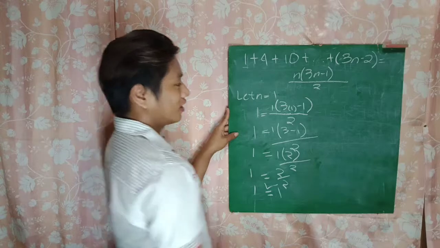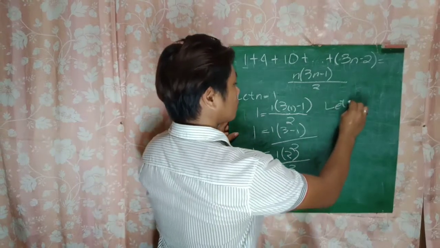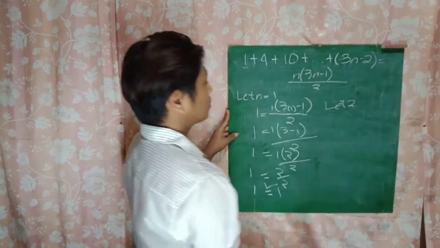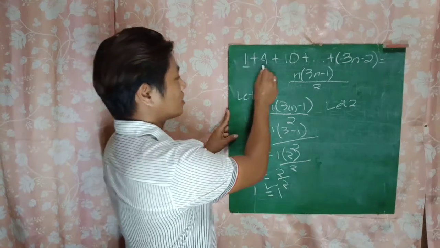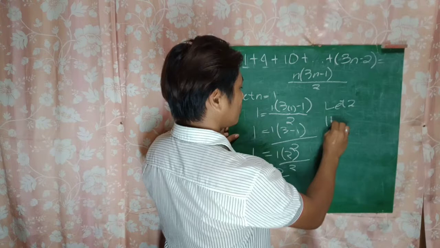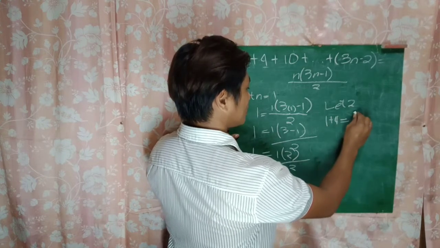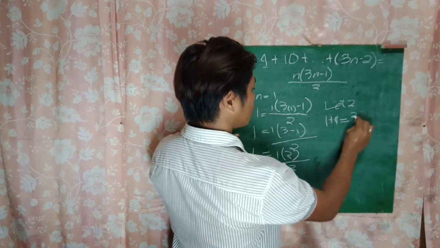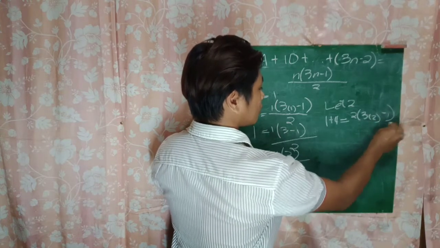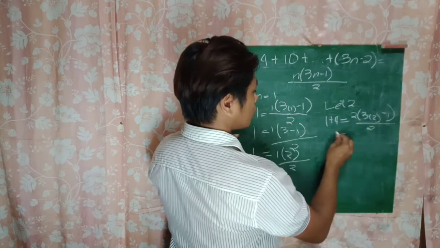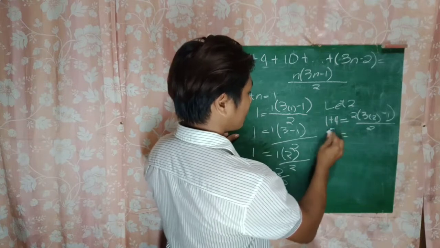So we let n equal to 2. So by letting n equal to 2, we need to copy the first and the second value of the equation. So we have 1 plus 4 equals, by letting n into 2, 2 times 3 times 2 minus 1 over 2. So 1 plus 4 equals 5.